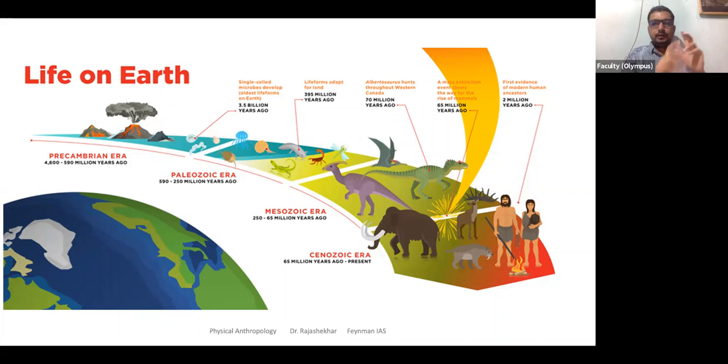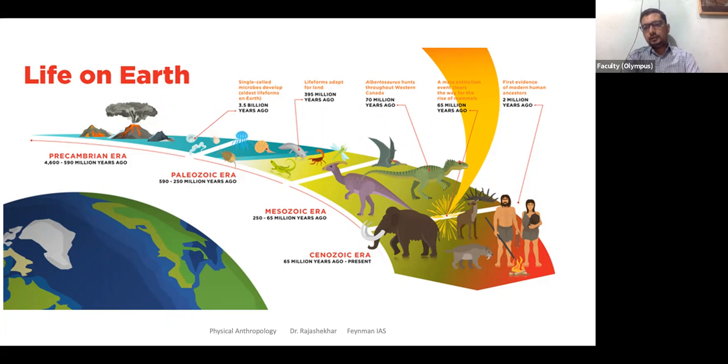So you see that the era before these particular eras that we are going to talk about is called the Precambrian era, which went from 4,600 million years to 590 million years. We normally use the words million years ago, or M/A.